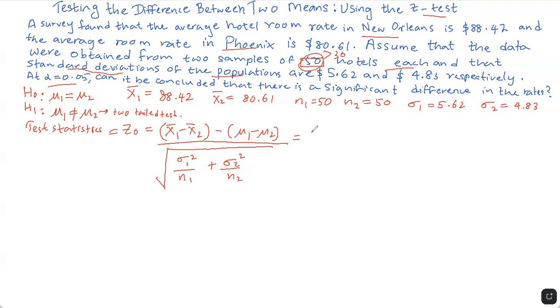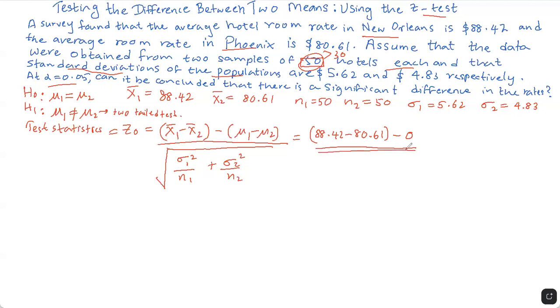So let's substitute all the values. X1 bar is 88.42 minus 80.61, which is X2 bar. And as you can see here, mu1 minus mu2. So here we are looking at mu1 equals mu2. So that means mu1 minus mu2 equals 0.